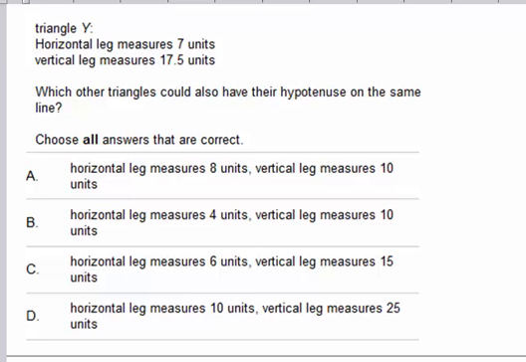Let's see about C. So 15 divided by 6 also gives us 2.5, so B and C are now part of our answer. And let's look at D. So if you take 25 and divide that by 10, that also gives us 2.5. So B, C, and D are all answers.